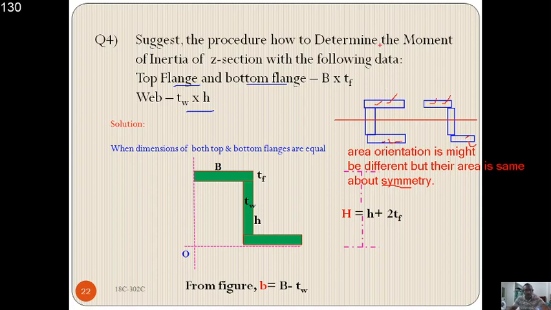So if the same is there, therefore Ix of the channel section is equal to Ix of the Z section. That means the moment of inertia about the x-axis for both the channel section and Z section will be the same.